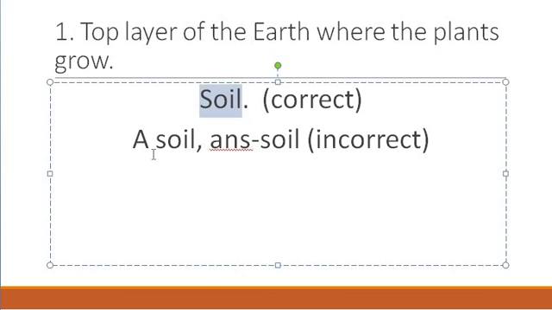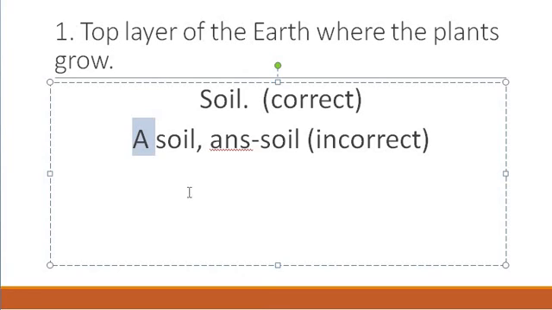So if you write small s and soil, though you have written the correct answer, your answer will be incorrect. Or some of you write a soil. No, don't add anything. If you are asked the answer, you have to learn it as it is. You have to type it and submit the test.